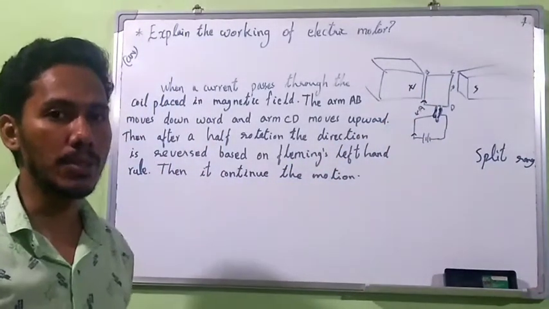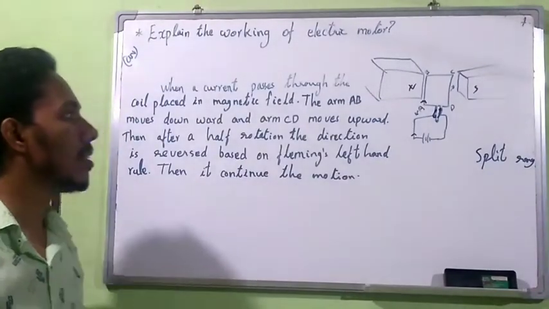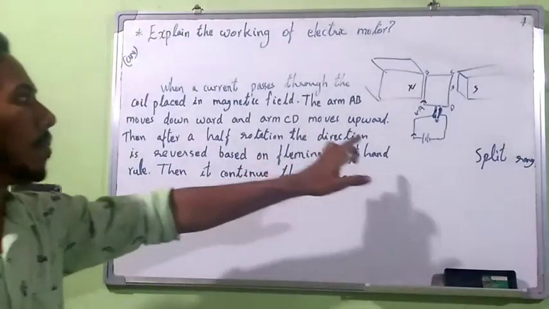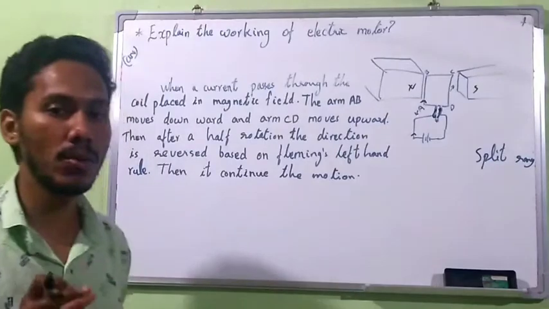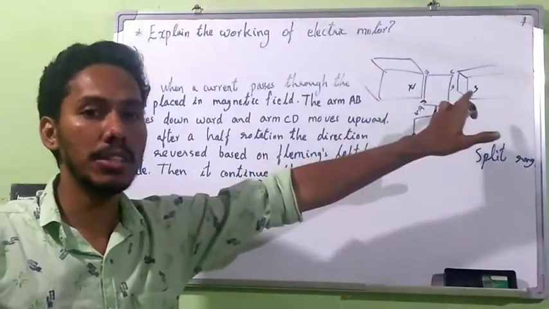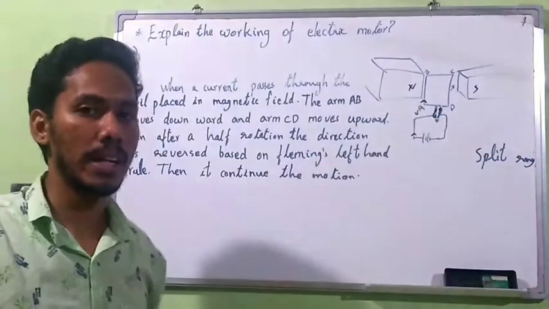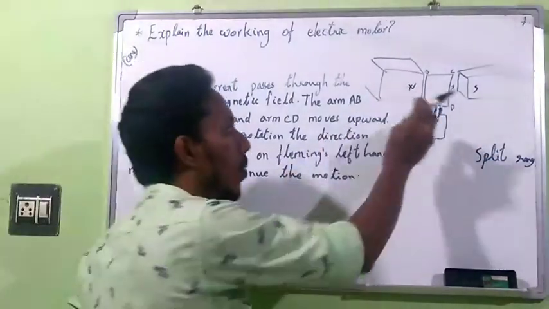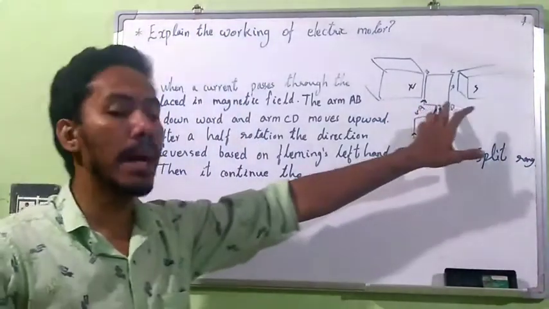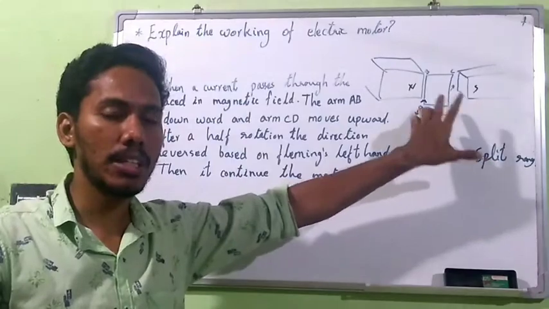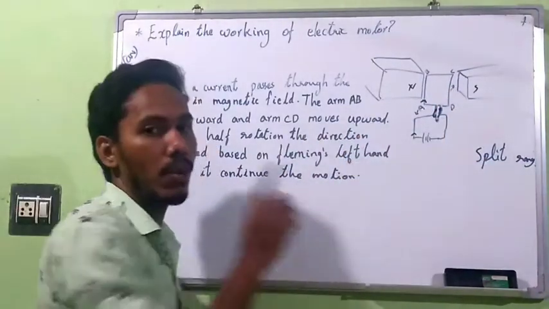It is the complete circuit of the electric motor, and based on the motor principle, this armature will experience a force because it is placed in the vicinity of the magnet, in between these two magnets. That means this current carrying coil, placed in a magnetic field, should experience a force. It is a rotational force.